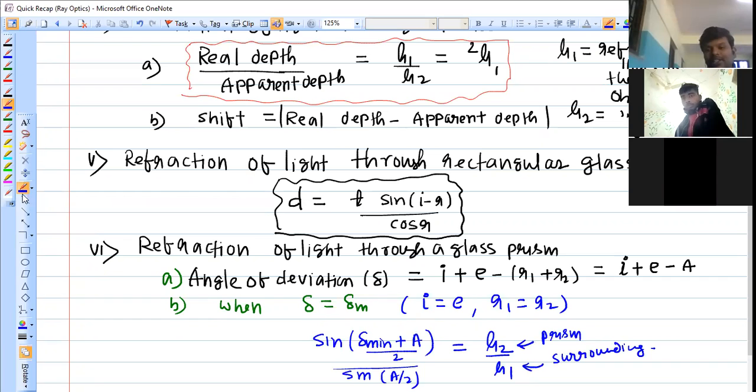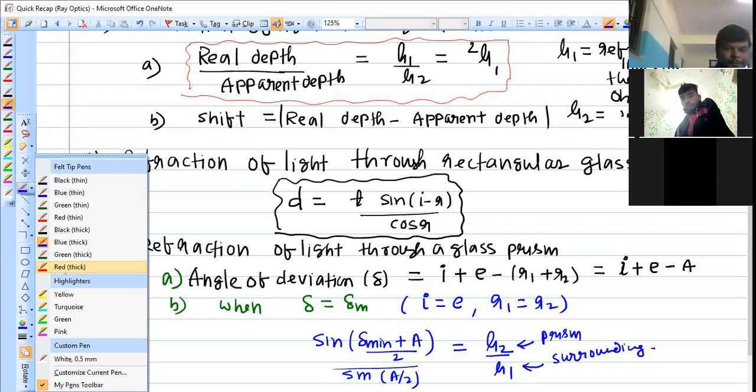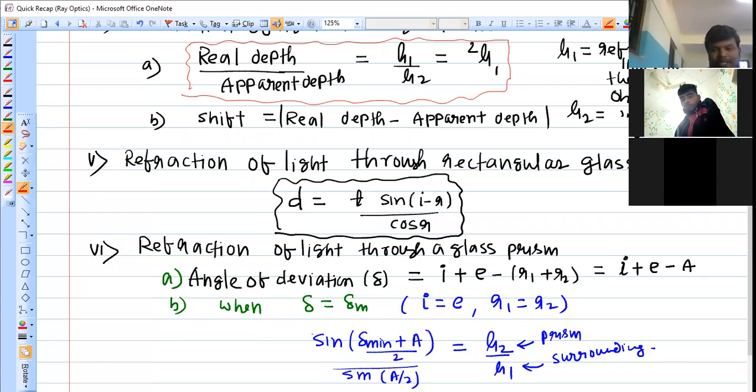These are the terms you must remember. Directly we cannot write down mu here. This is the actual formula, the relationship of the angle of minimum deviation to the refractive index of the material of the prism.